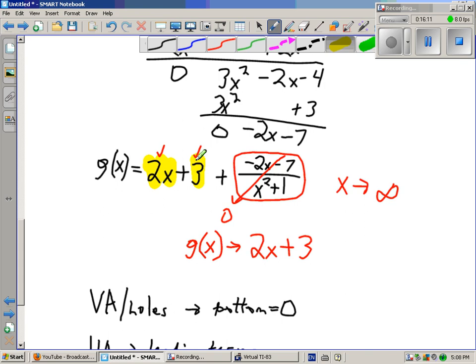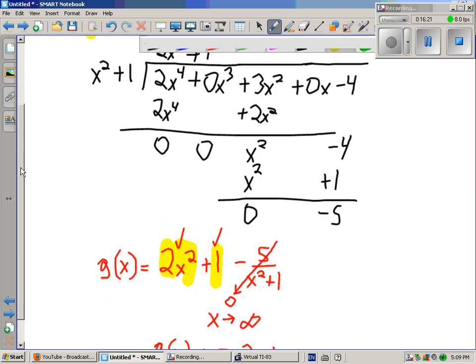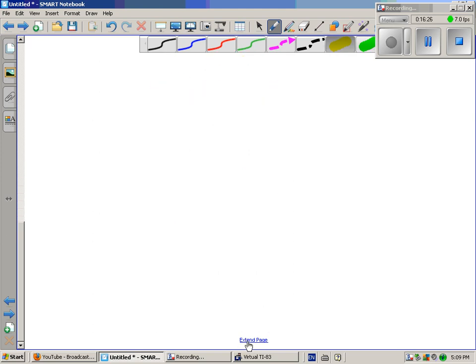You can look at that and say, oh, it's going to be a slant asymptote. Will it automatically give me exactly what that slant asymptote is? No, but it is kind of a quick shortcut for getting a little bit of information. However, if you want to get the actual asymptote, you have to divide it. I know it would be really seductive to just look at your leading terms, but you have to divide it, I'm afraid.